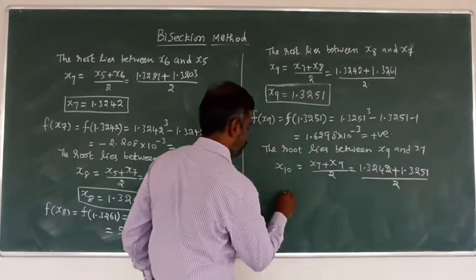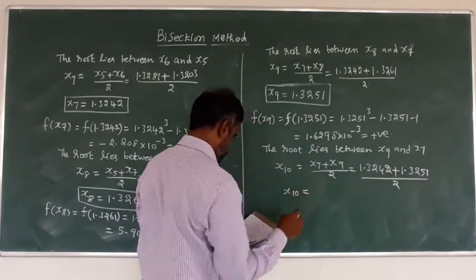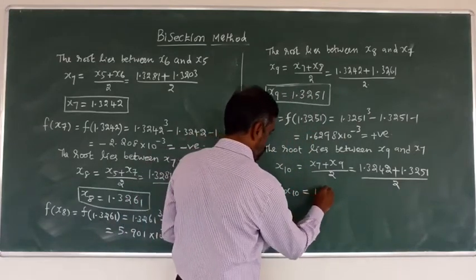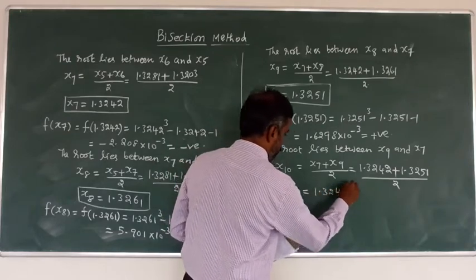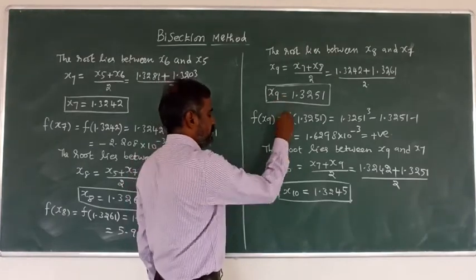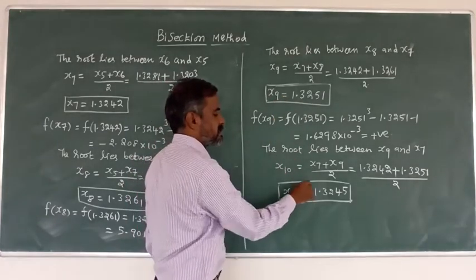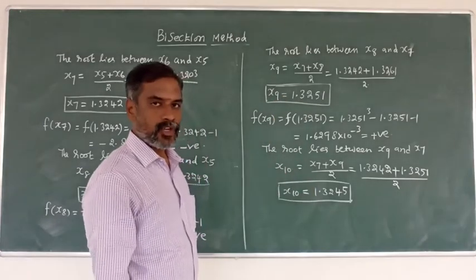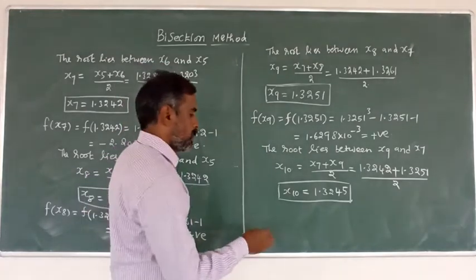Now the average of these two, x10 equals 1.3245. Now compare x9 and x10. Both results are not the same. So we have to do another iteration.